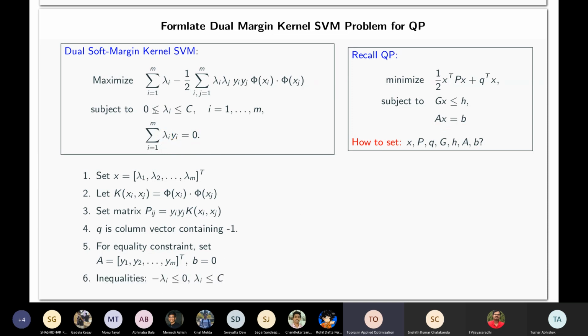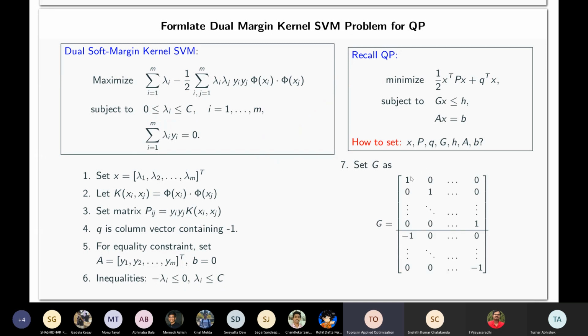And the inequalities are like this, but they can be split into two inequalities: lambda I greater than equal to 0 and lambda I less than equal to C. This is not in the appropriate form, because greater than equal to has to be made less than equal to 0. So this is our first inequality and this is our second inequality. This is what we had done here.